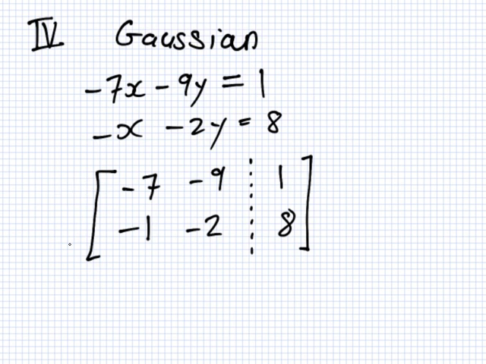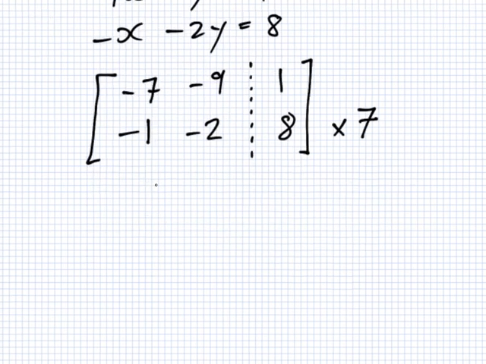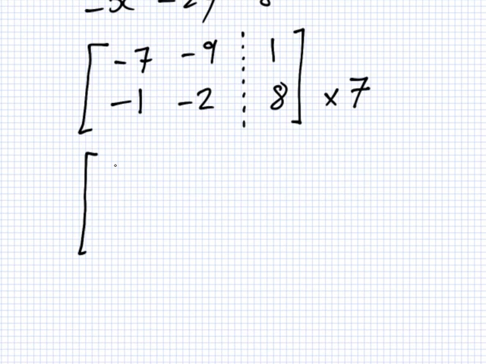So what we'll do first is we'll try and make these the same. So I'll multiply this by 7. So I have minus 7, minus 9, 1, minus 7, minus 14, 56.